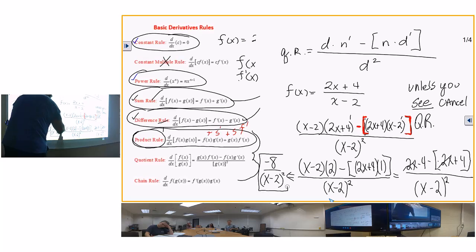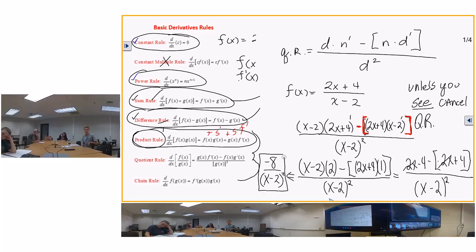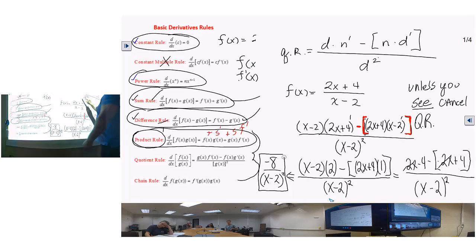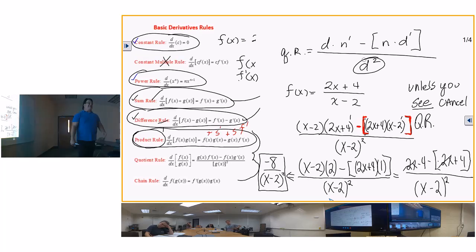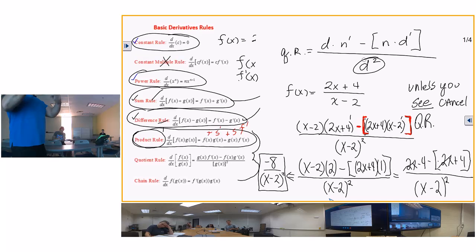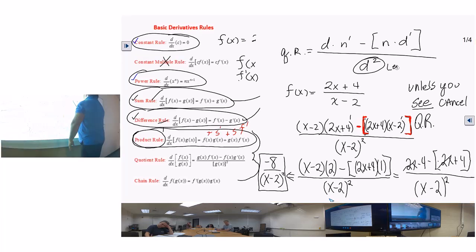Do you have to do the product rule for the denominator? No, the denominator is this. The denominator is going to be this no matter what. No, you don't do that. With the denominator squared, you just leave this as it is.